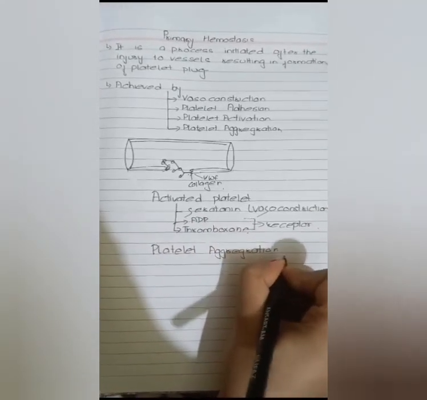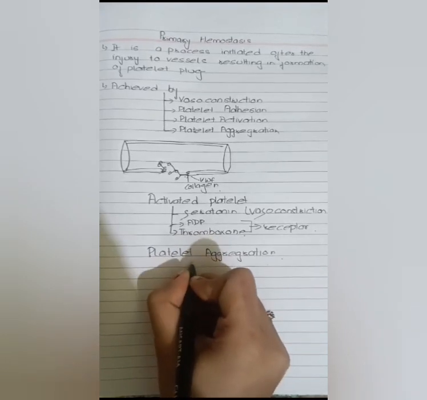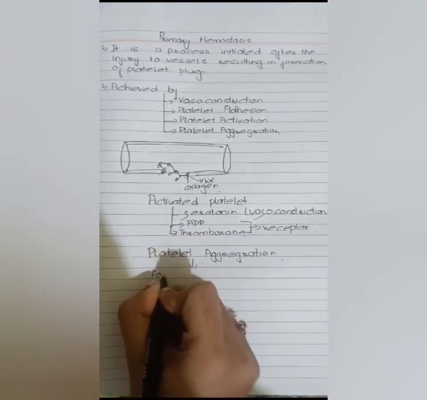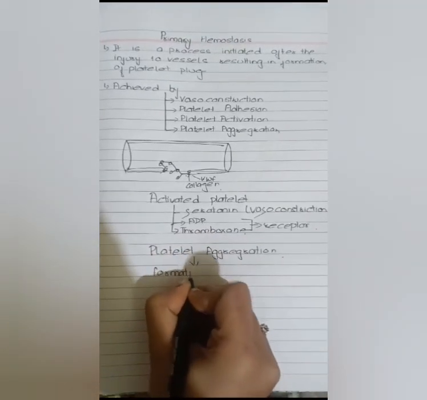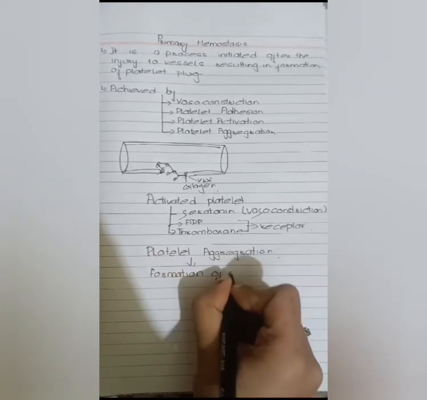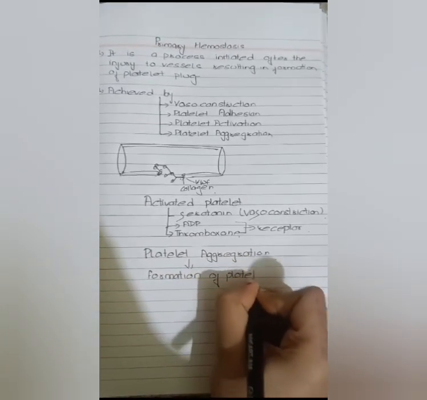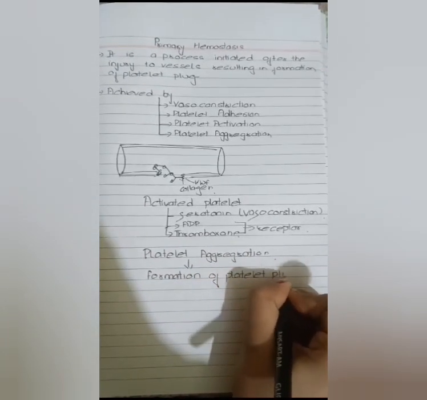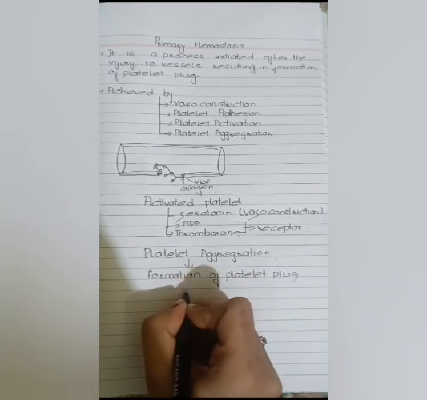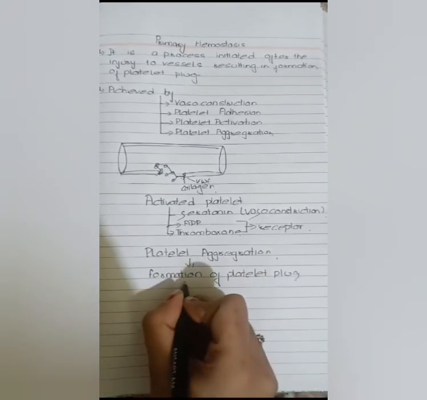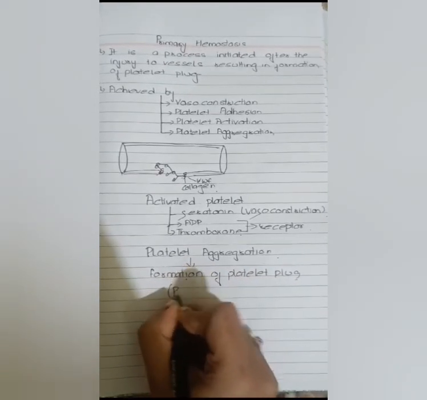The end result of multiple platelet aggregation is formation of a platelet plug, where primary hemostasis ends and secondary hemostasis begins.